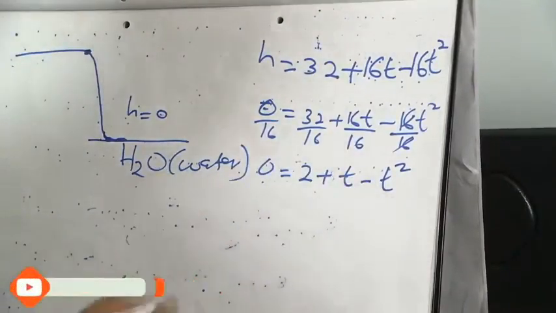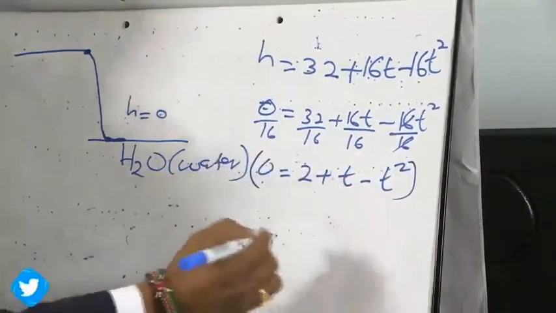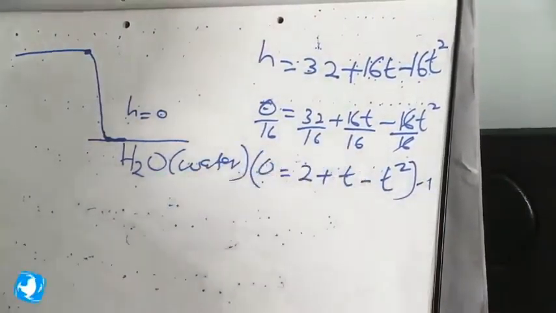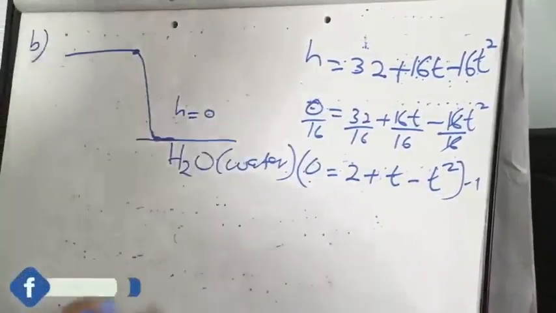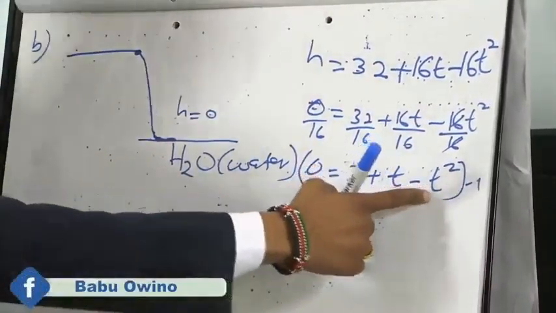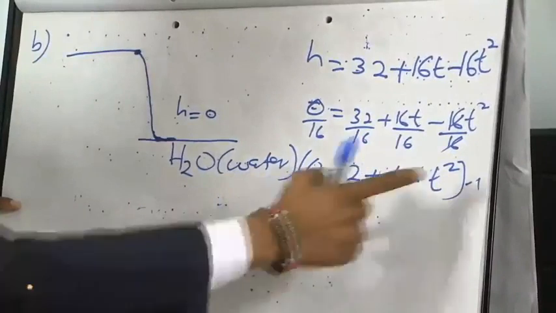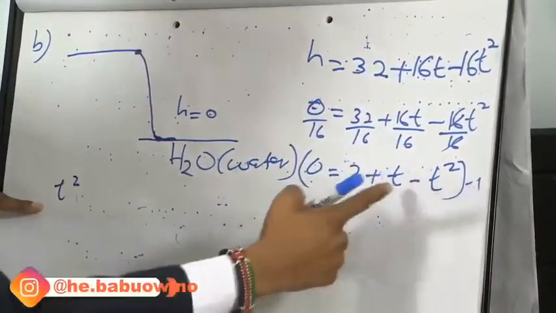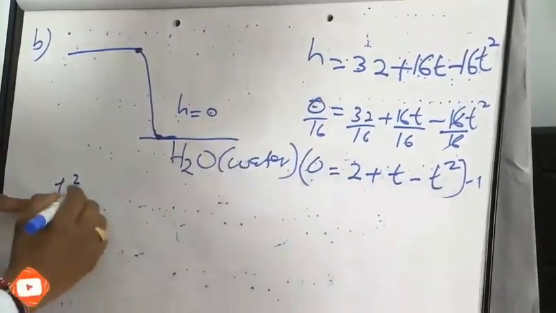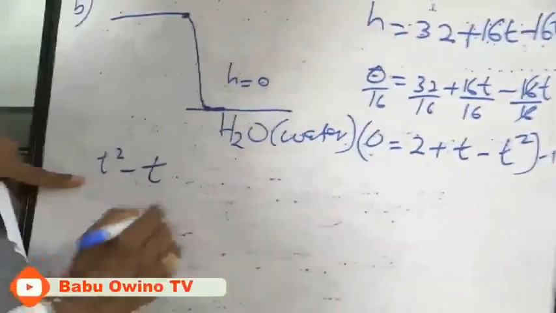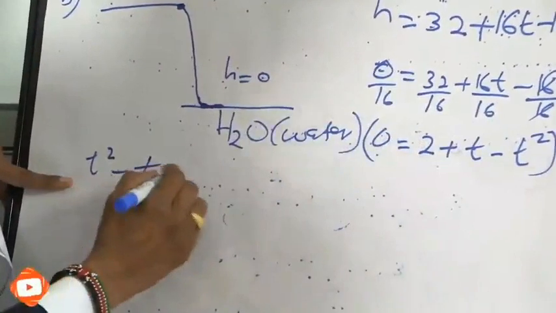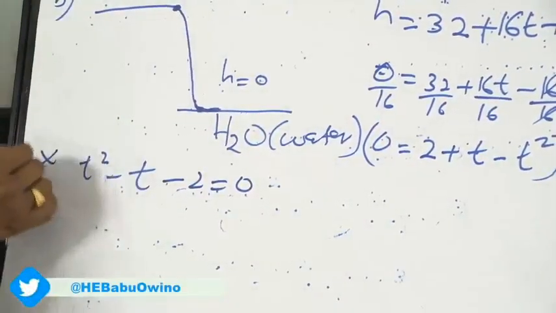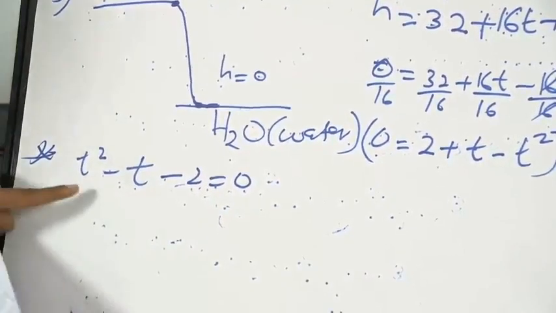So from here, we can multiply all the values by -1 so that at least we start our equation with the highest power of t, which is t squared. So when you multiply by -1, you get t squared, minus t, minus 2 equals 0. Now we factorize this.